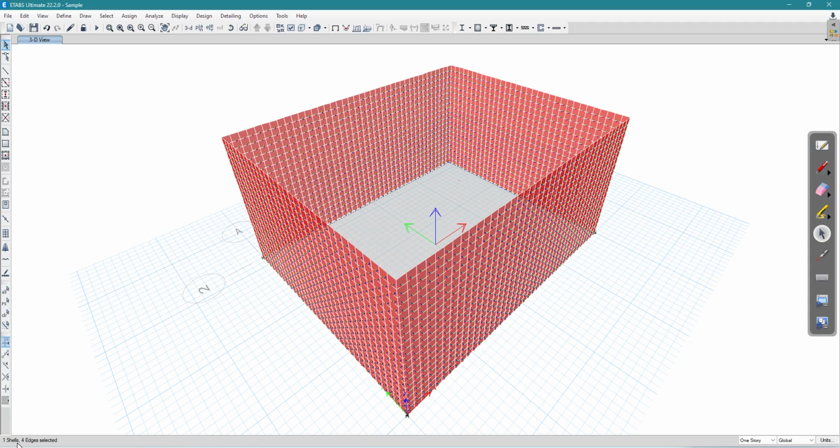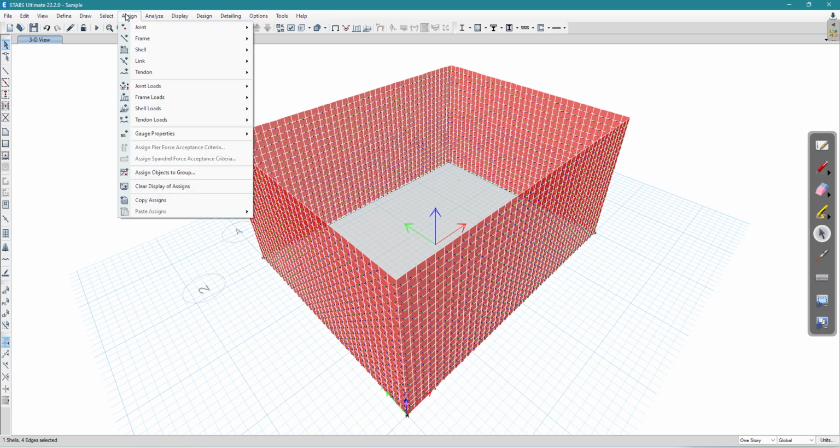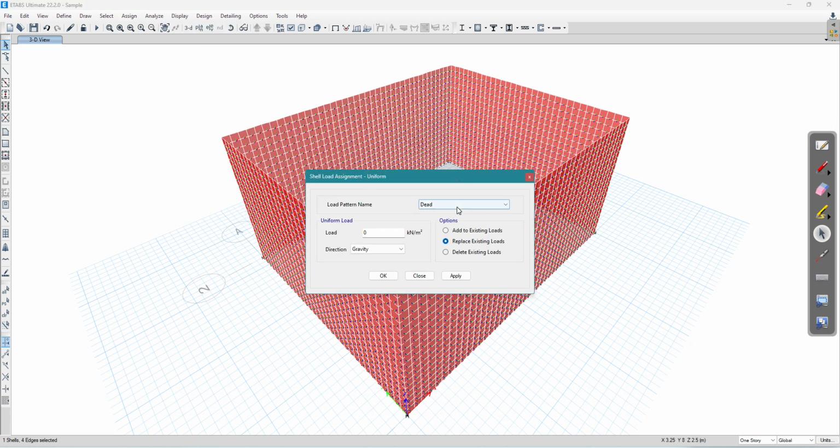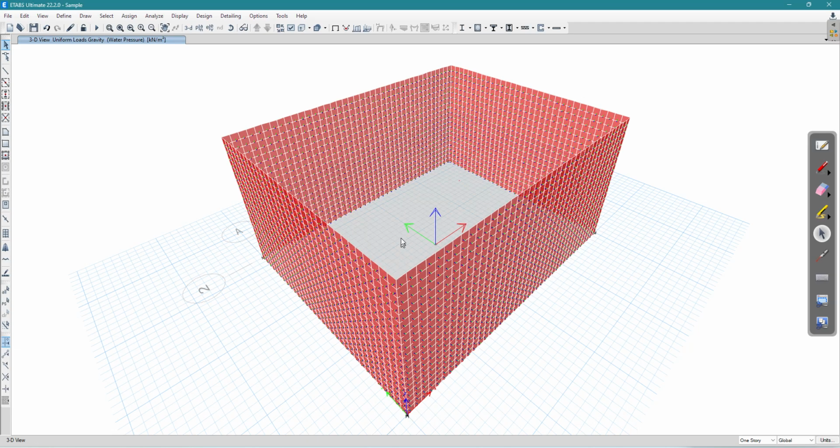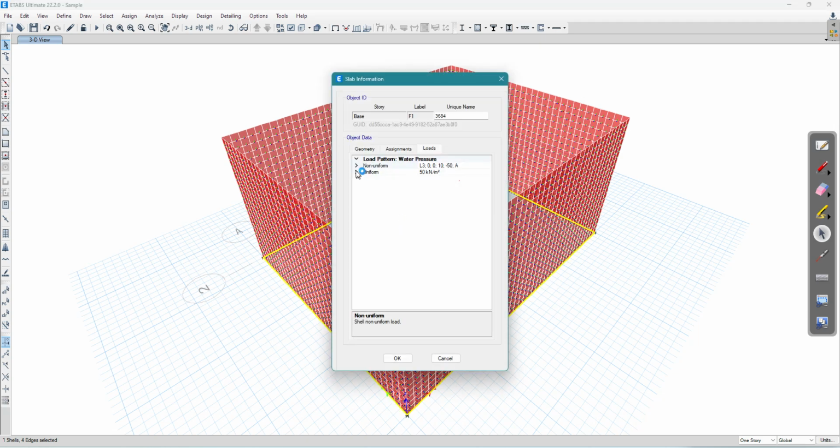See here, one shell selected. Go to assign shell loads, and select uniform. It is in case of water pressure. So it is 50 and it is acting along gravity direction. You click on apply. OK. So go to display undeformed shape. You just click on this base slab. See here.